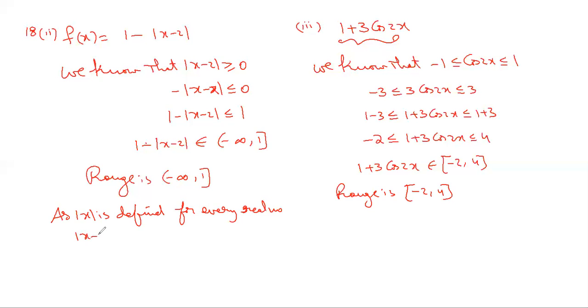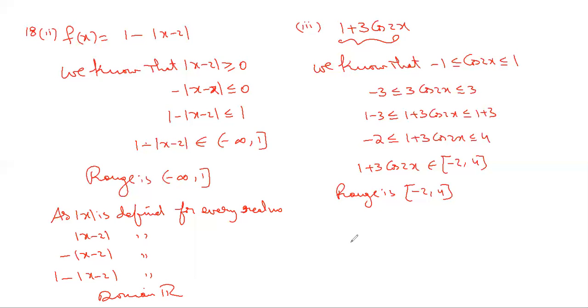Therefore, mod x minus 2 is also defined for every real number, and minus mod x minus 2. By multiplying with minus, we are not getting any indeterminate form. By adding a number, we are not getting any difficulties. So all these are defined for all real numbers. So the domain is all real numbers.